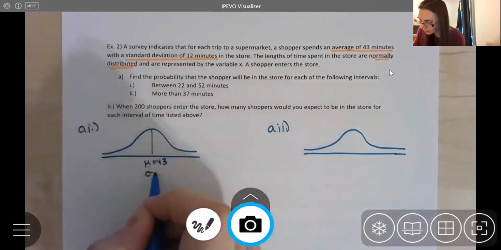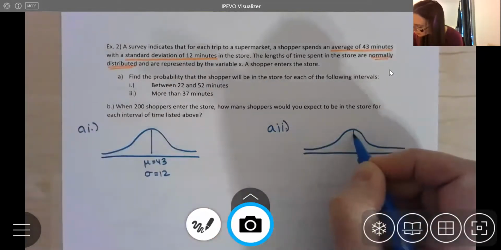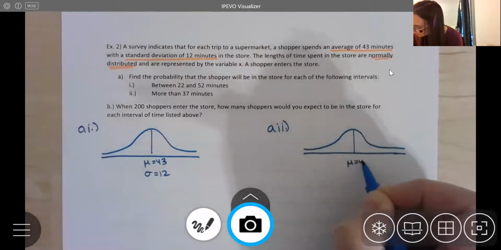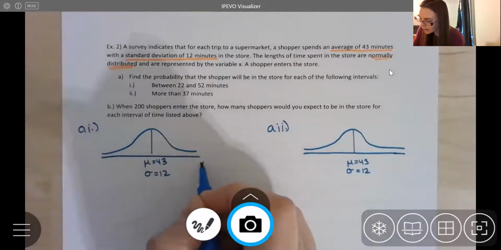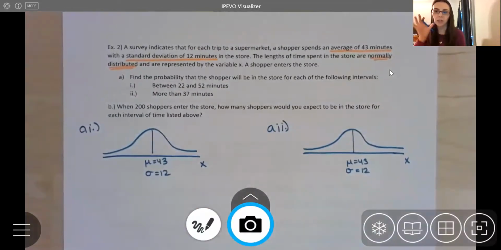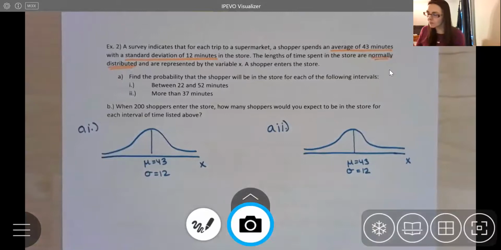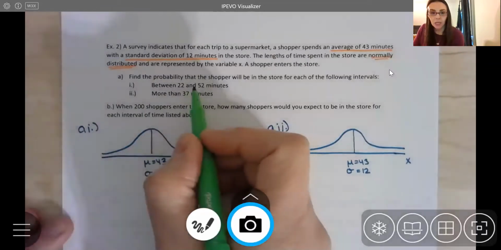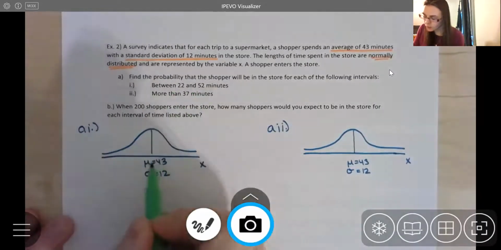I'm just going to write this down here. And this is going to be the same thing. Okay. And again, this is our x values. So we're not doing z values right now. We're just in the x values, the original data. I want to know the probability that someone will be there between 22 and 52 minutes. So 22 minutes is much smaller than 43.